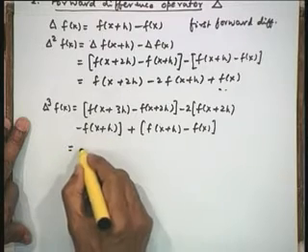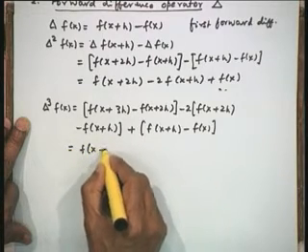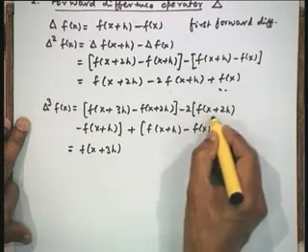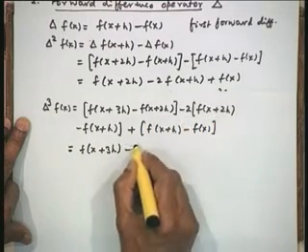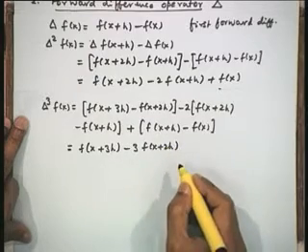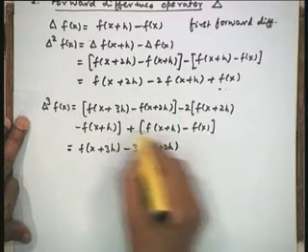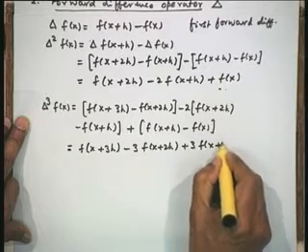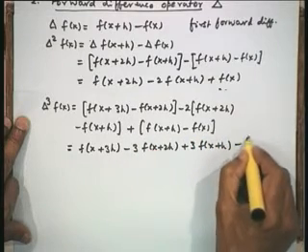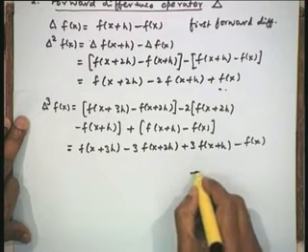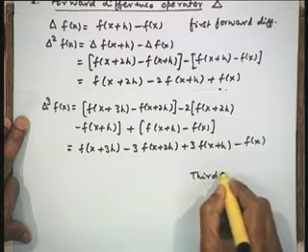Now, let us simplify. This is f of x plus 3 h, this is minus 1 and minus 2, that is minus 3 f of x plus 2 h, this is plus 2 plus 1, that is plus 3 f of x plus h, and this is minus f of x.